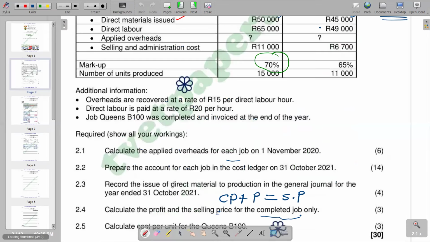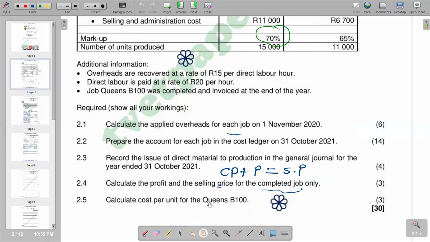Moving on to the last part of our question. Calculate the cost per unit for the Queens B100. Cost per unit for Queens B100. So we are going to say the total cost, and then we divide by the number of units produced.